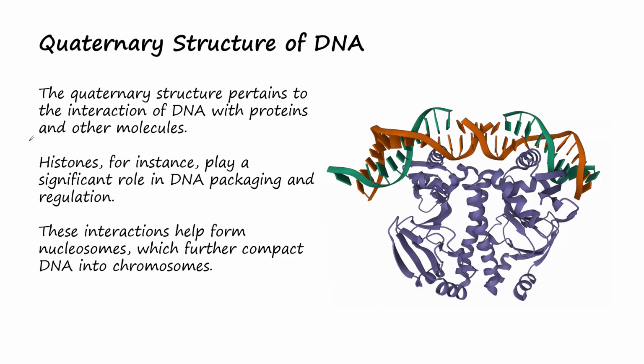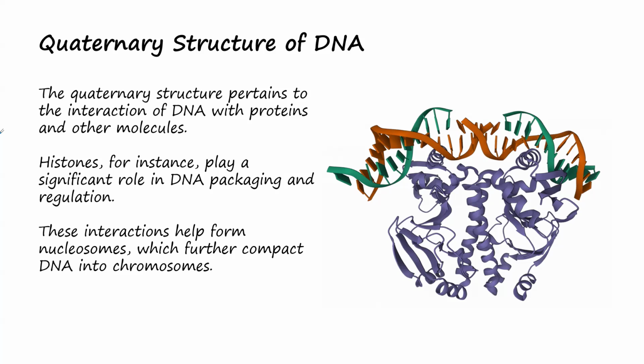Examples of the proteins that interact with DNA include histones. Histones, for instance, play a significant role in DNA packaging and regulation. These interactions form nucleosomes, which further compact DNA into chromosomes.